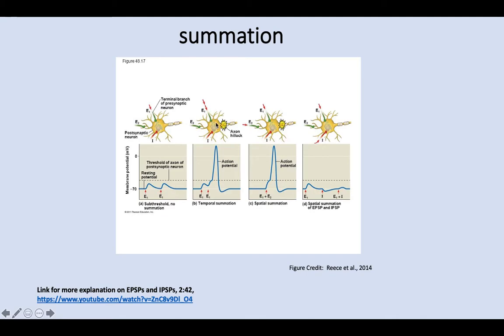So notice up here in this second diagram, we have excitatory ones coming in, and there's an inhibitory one in red. And temporal means tempo. Think of it as being time. And if you're getting these impulses and these postsynaptic potentials coming in, we're talking microseconds apart, many of them can actually add up in time and have an effect.